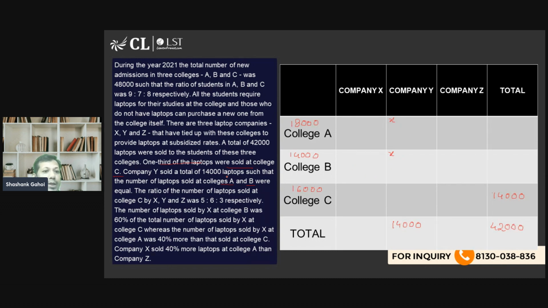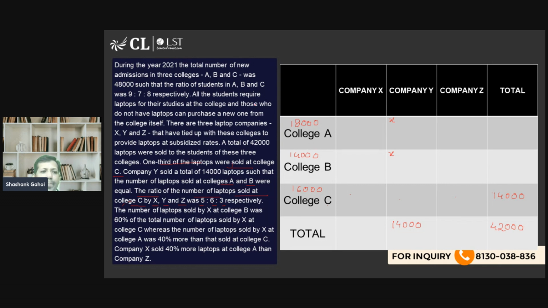Fair enough. Now let's read the next line. The ratio of the number of laptops sold at college C by X, Y, and Z is 5 is to 6 is to 3.